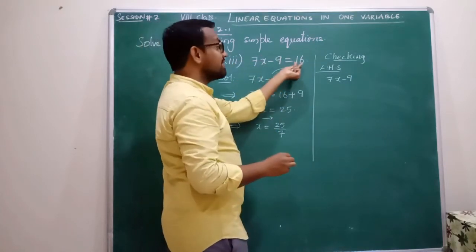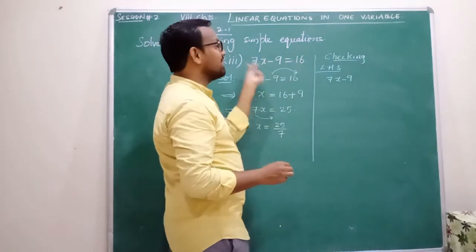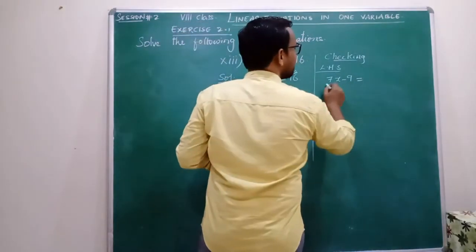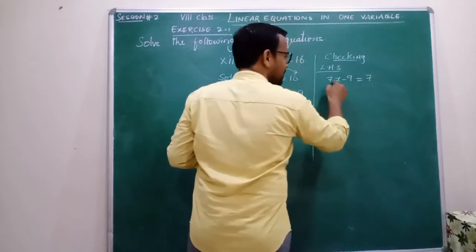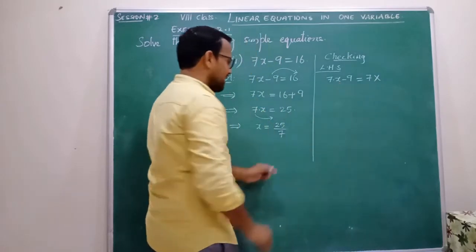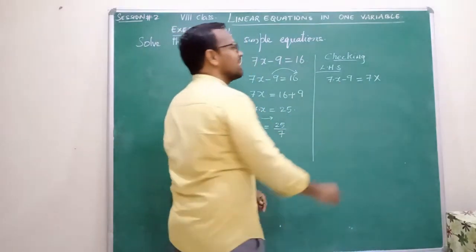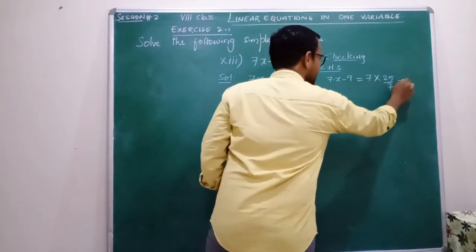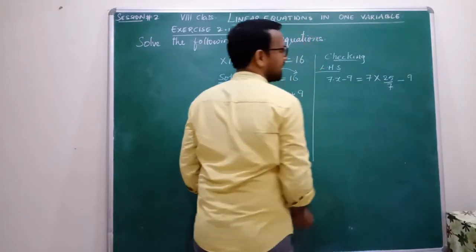And if I get that equal to RHS, that means this is the solution. So in this left hand side, 7, what is the symbol here? Into, in place of x, what do you write? 25 by 7 minus 9, right?